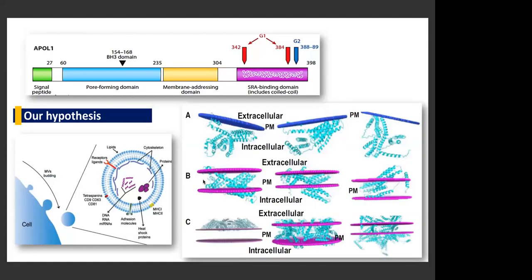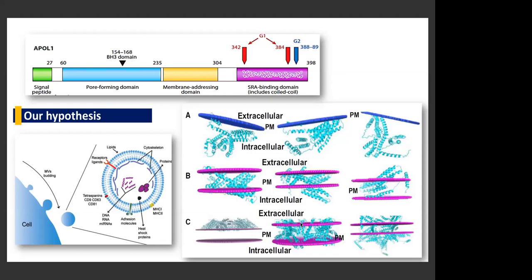Our hypothesis is based upon the concept of this domain, which is a membrane addressing domain. So we did a preliminary study where we tried to dock this protein on the plasma membrane, and we found that this APOL1 protein has a very significant binding property to the plasma membrane.